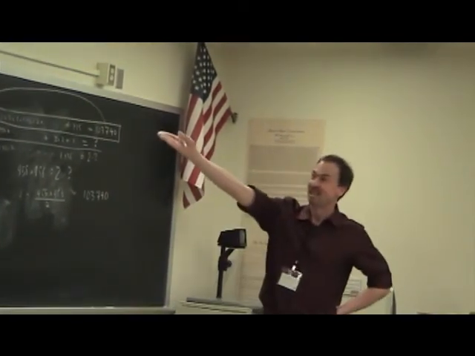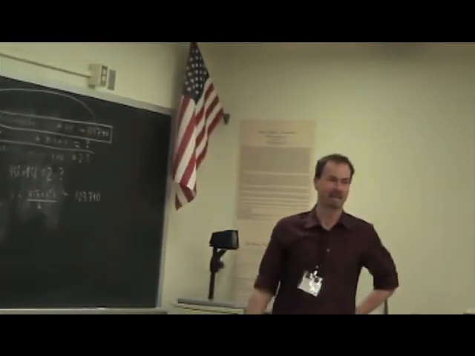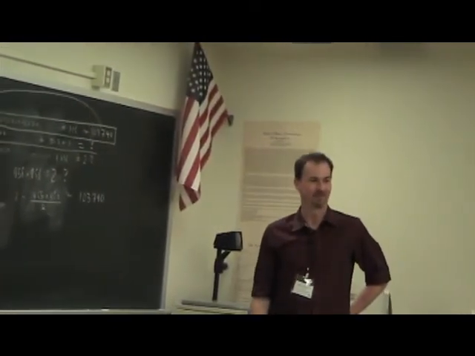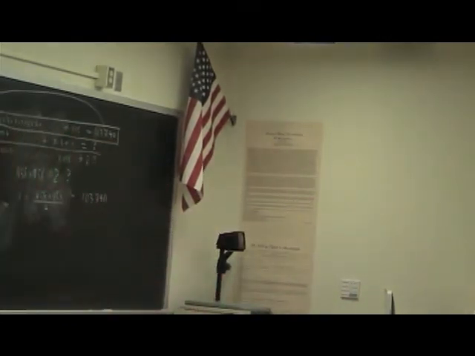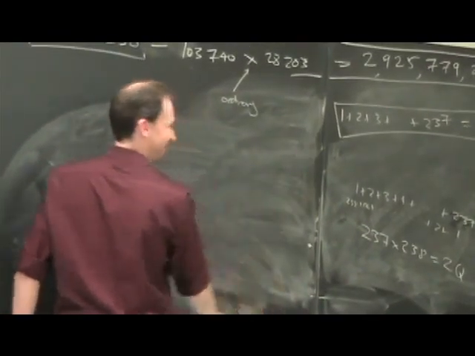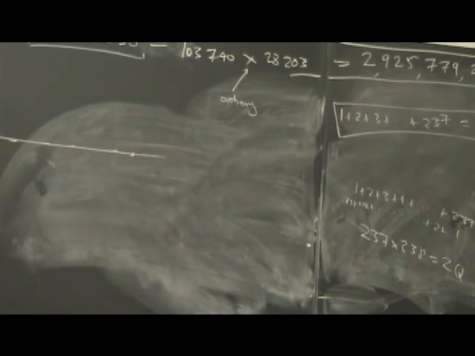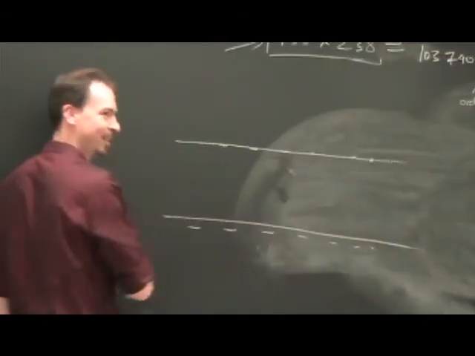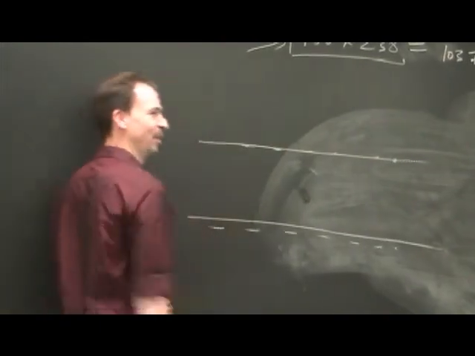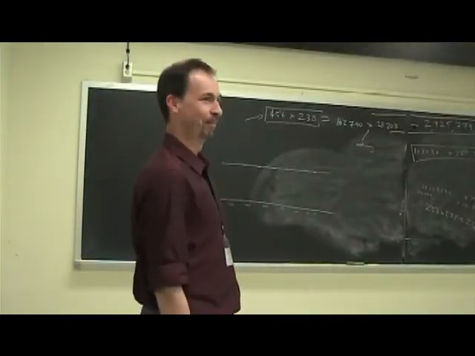But look at that! 2.9 billion intersection points. Wow. If you were to draw a picture on a big sheet of paper of one line with 456 dots, another line with 238 dots, connect each dot to every other dot, according to our theory, that's how many intersection points you'll see.